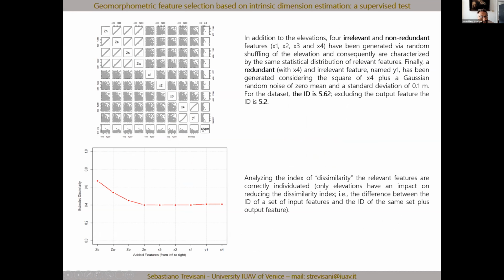And you can see that the relevant input features, the elevation of the 4 nodes, are also strongly linearly correlated between them. The good thing is that the algorithm, if you look at this curve here, is capable of seeing that the relevant features that permit to predict slope are the 4 elevations at the nodes. From this curve, you can see which features contribute in reducing this index whose name is index of dissimilarity.